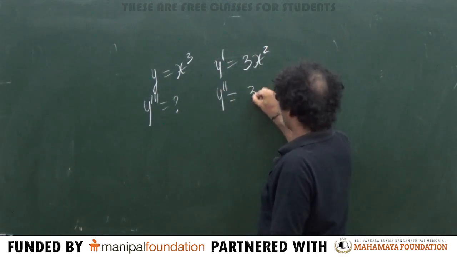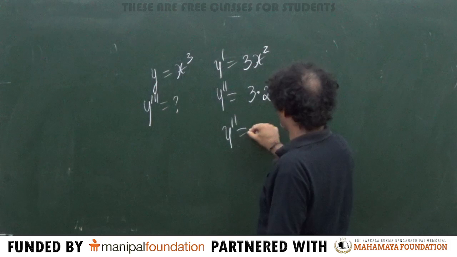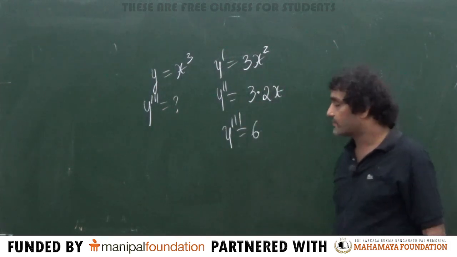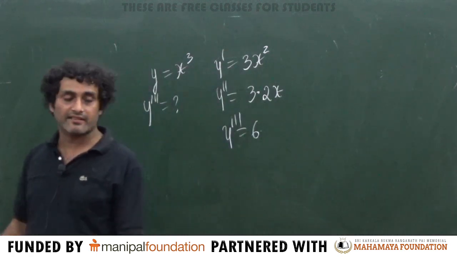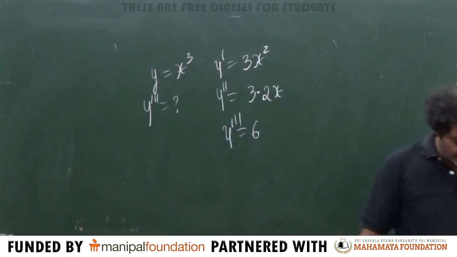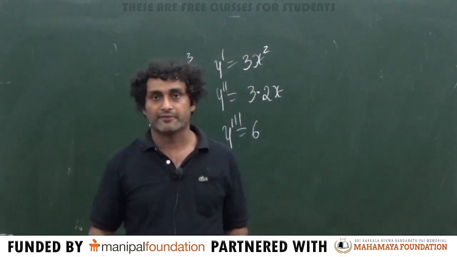Second time x square is 2x. Third time 6 will remain, x is 1. So when you differentiate thrice, it became 6. Once more differentiate, isn't it 0? Correct, right? So this is what you mean by successive differentiation.